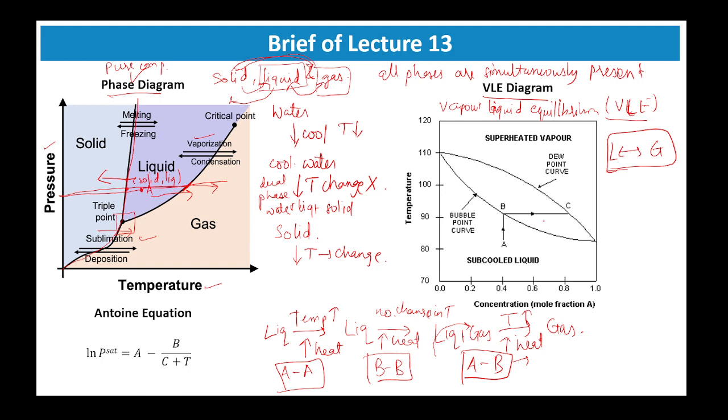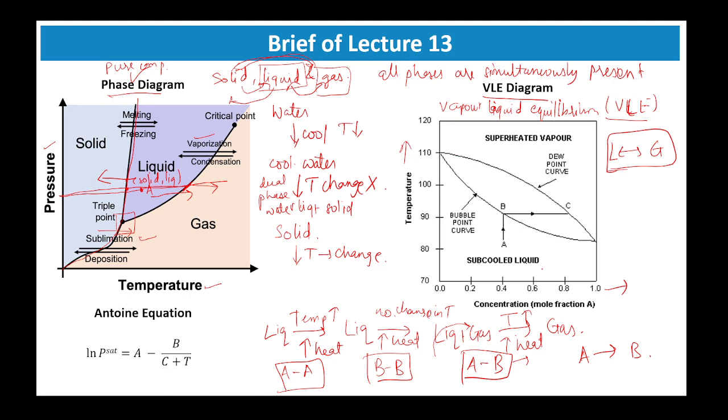So there will be a region where firstly A will start boiling, then B will start boiling, and there will be one section where A and B both will be vaporizing and all gets vaporized later. So there will be a region where boiling occurs, unlike the case of a pure component where it is just a dot. So this is the VLE diagram, for which you plot concentration versus temperature.